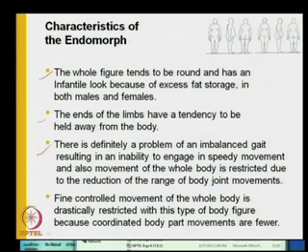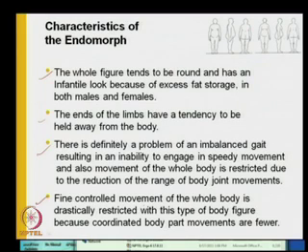There is definitely a problem of an imbalanced gait while walking, resulting in an inability to engage in speedy movement, and movement of the whole body is restricted due to the reduction of the range of the body joint movements.